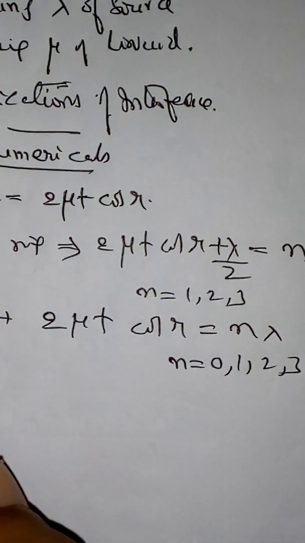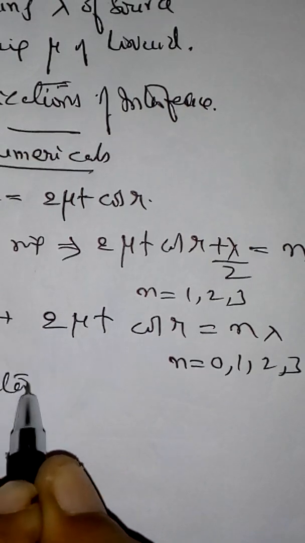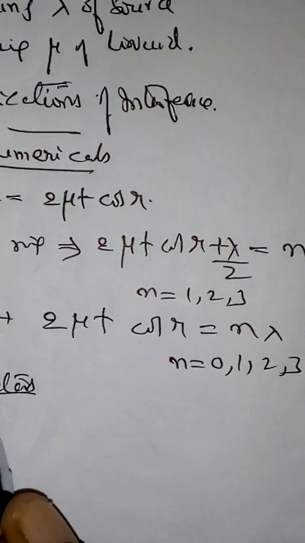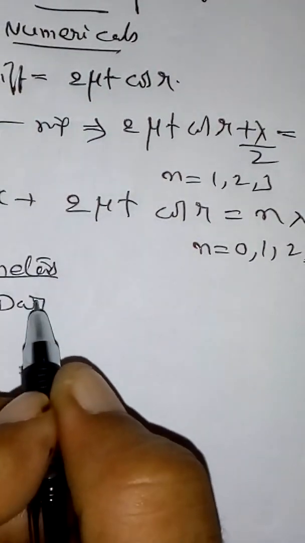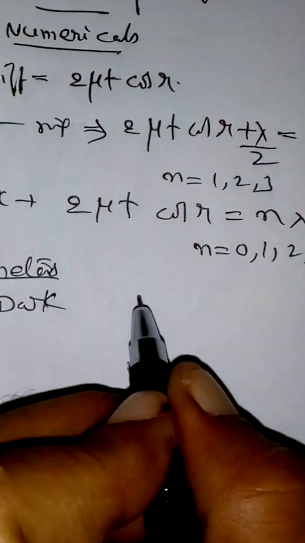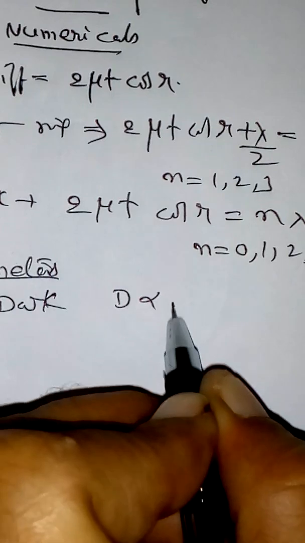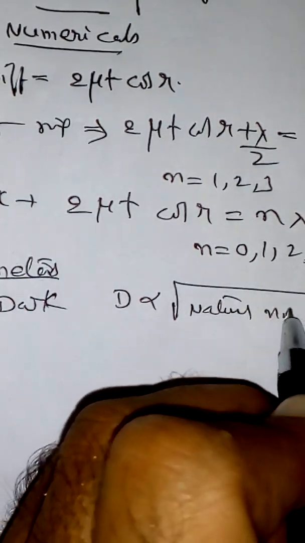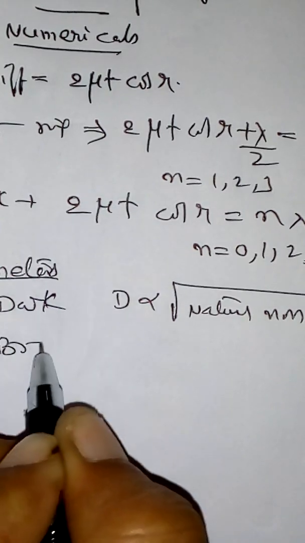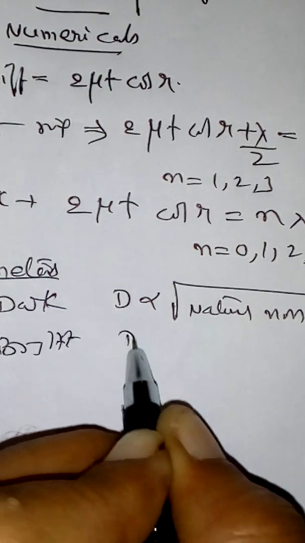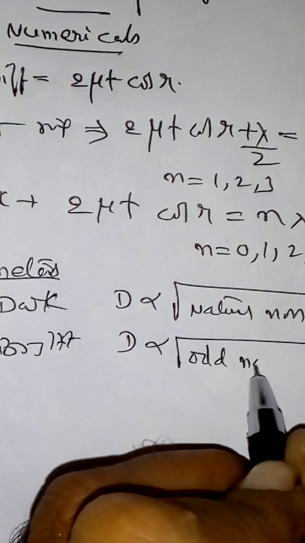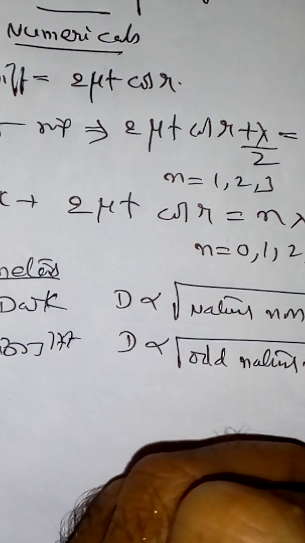And in the Newton's rings experiment, when we are trying to measure the diameters, we obtained a condition that for the dark spot, d is proportional to the square root of natural numbers. Similarly, in the case of a bright fringe, d is proportional to the square root of odd natural numbers.